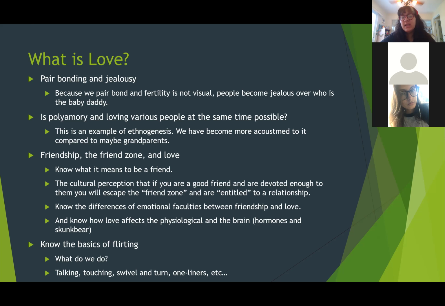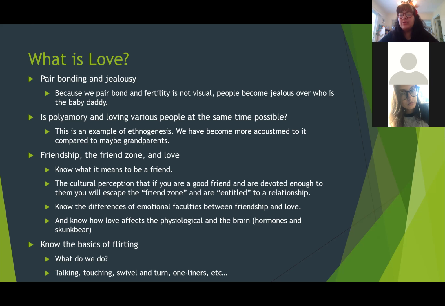Then you want to kind of look at friendship, the friend zone, and love. So my advice to you would be to think about how all those things work together. You have to know what it means to be a friend. And I know Professor Laffy in her lecture goes through bullet points of what friends should be, like trustworthy, there for you, open to doing tasks for you and helping you move out and stuff like that.